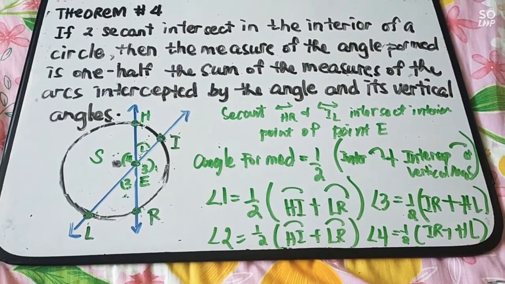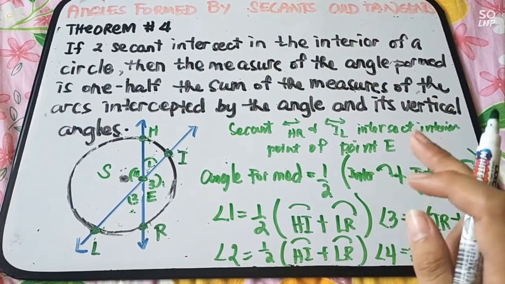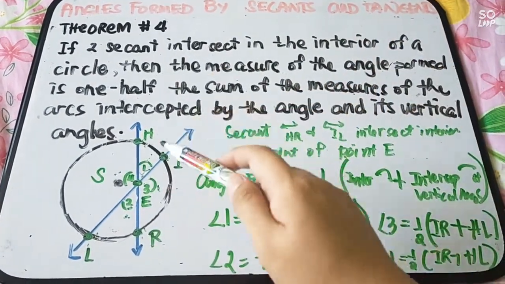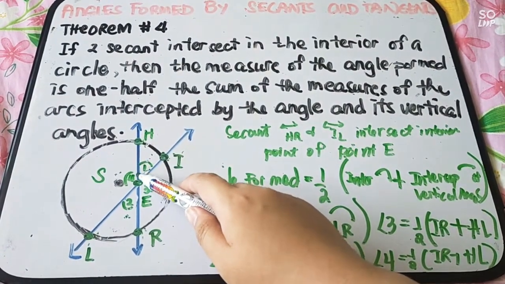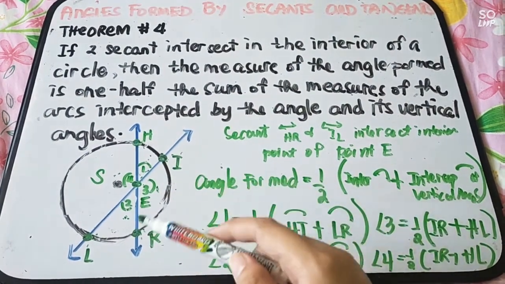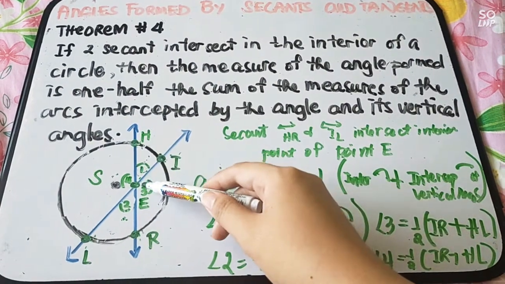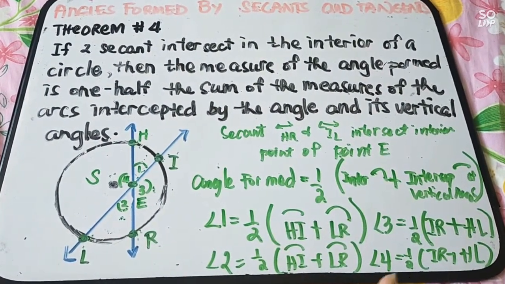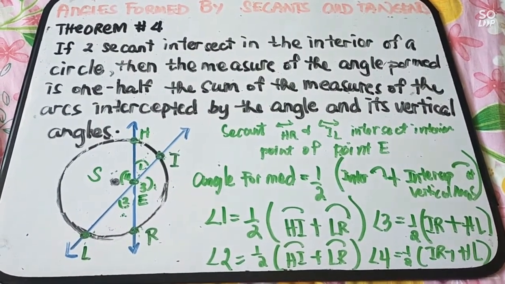Is it clear? That is theorem number 4. In theorem number 4, the intersection of the two secant lines is inside the circle, and that is what you call an interior point of the circle. Is it clear?